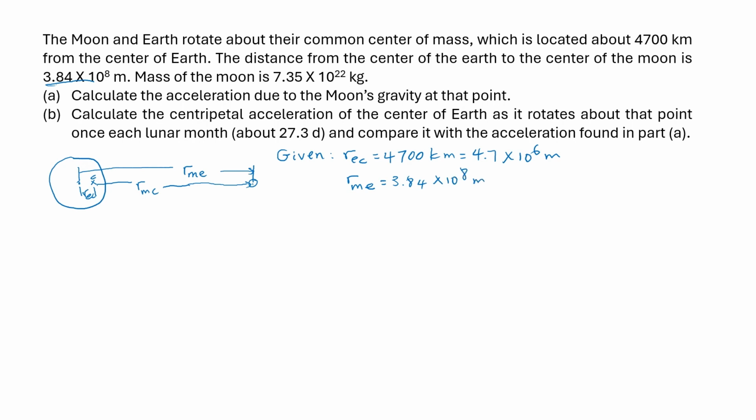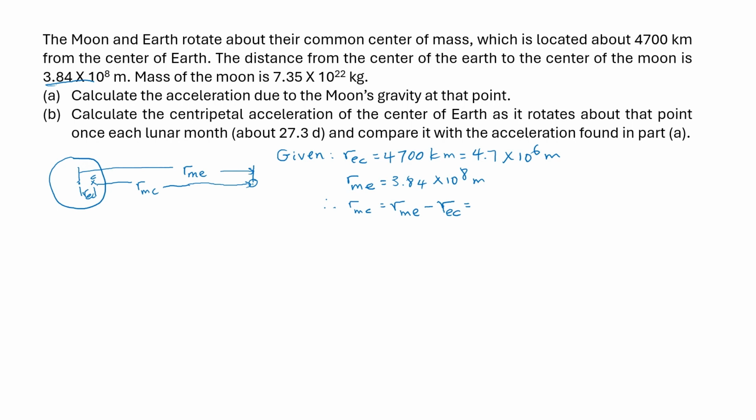Therefore, the distance from the Moon to the common center will be equal to the distance from the Moon to the center of the Earth minus the distance from the center of the Earth to the common center.